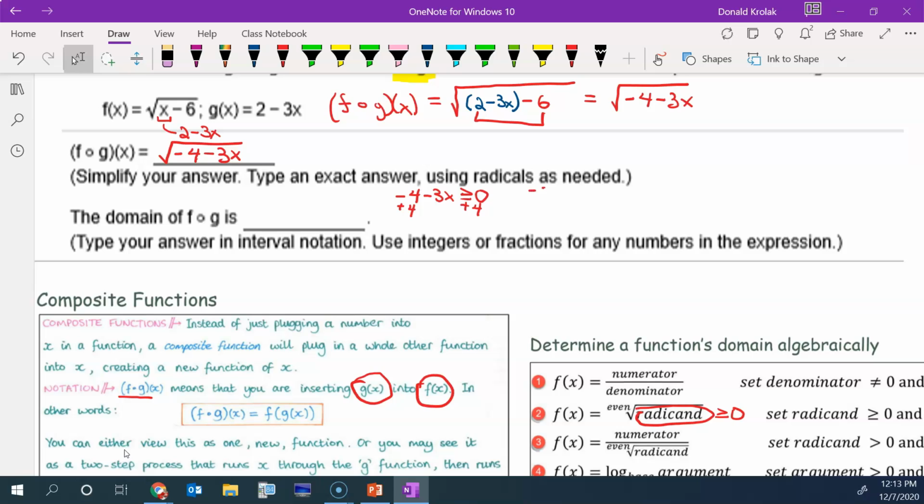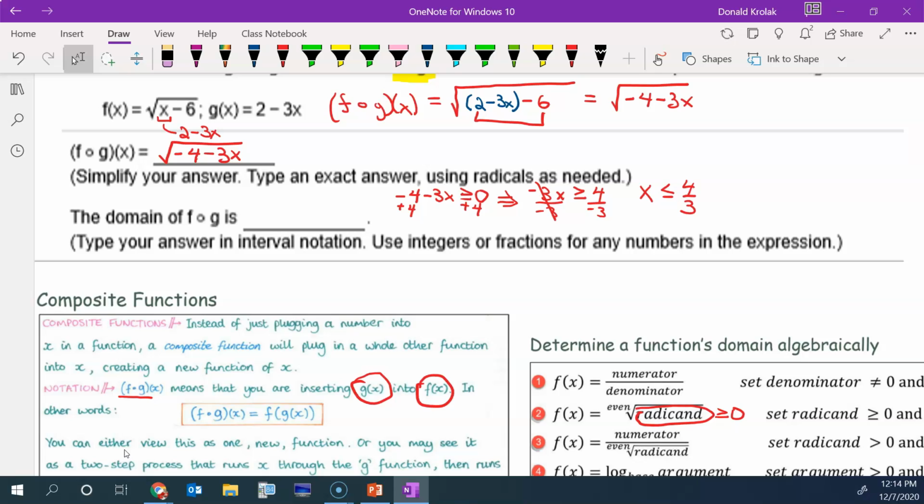and we end up with -3x is greater than or equal to 4. Then I'm going to divide by -3, which means I have to flip the inequality. I get x is less than or equal to 4/3.